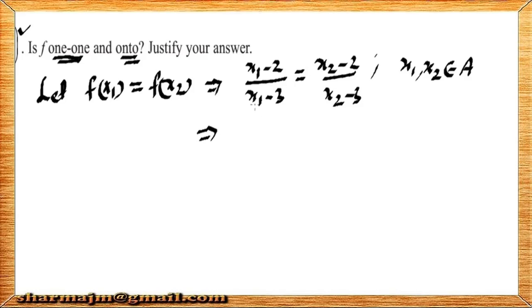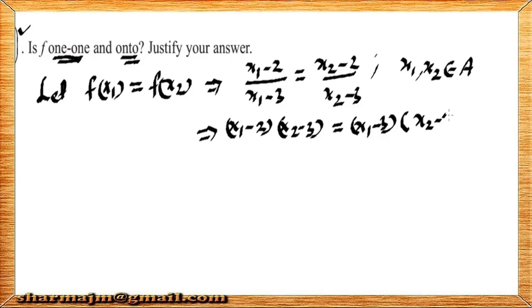Now you cross multiply this, it is (x1 minus 2) multiplied by (x2 minus 3), that is equal to (x1 minus 3) multiplied by (x2 minus 2). Now it is x1x2 minus 3x1 minus 2x2, minus minus plus, 2 3s are 6.